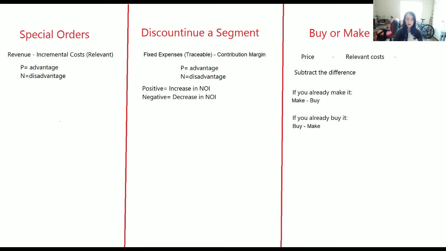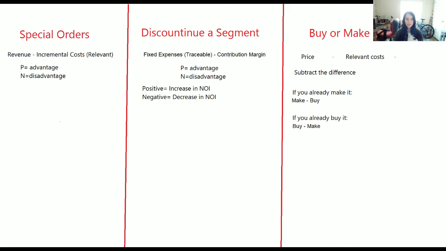It's just the costs that are specifically for that segment or that product. So we're not going to care about the common costs that are for the whole company, or the costs that are sunk costs like depreciation, because they already happened and we don't really care. They're not important for this decision. So just the relevant cost.